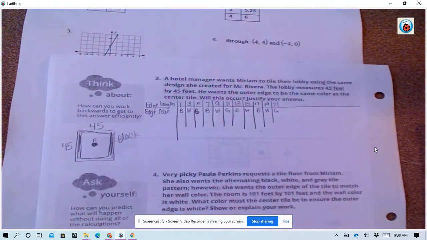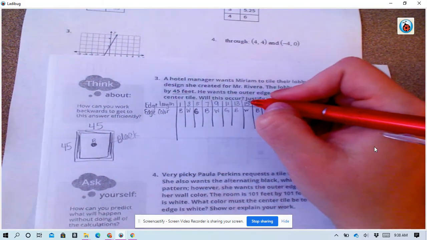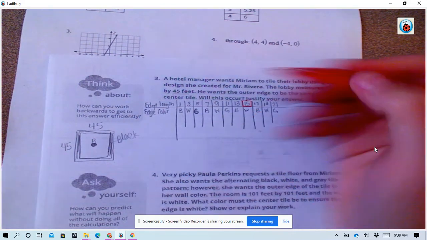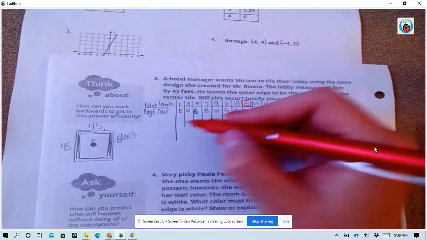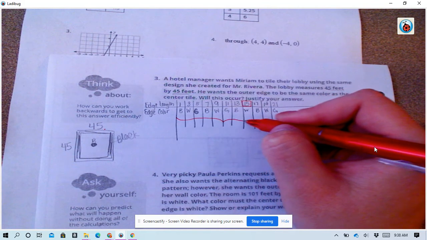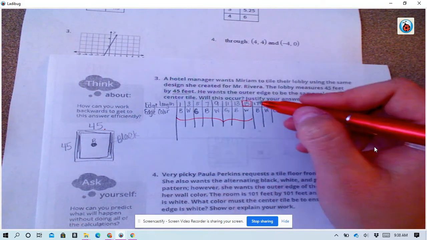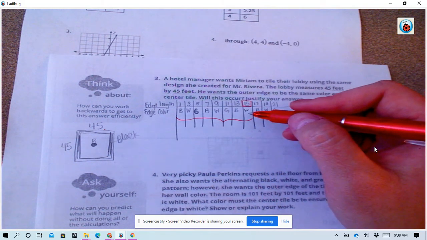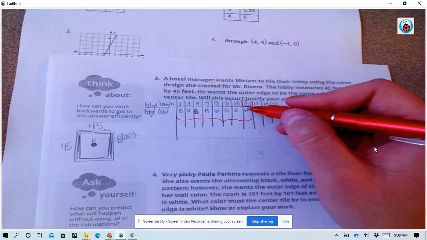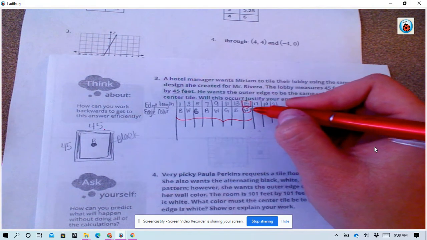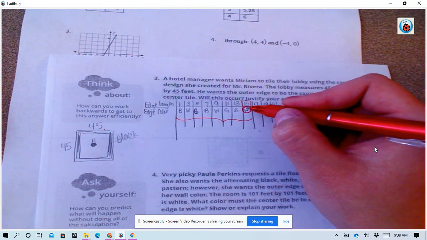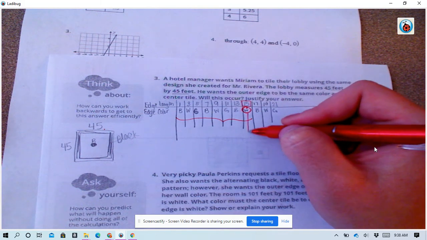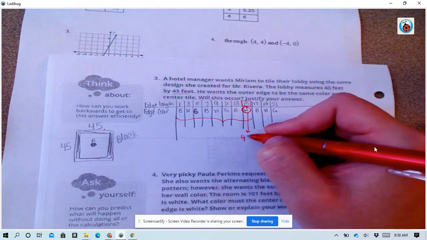Why did I stop at 15? I stopped at 15 because I know that 45 would be a pattern of 15 three times, because 15 times 3 is 45. So if on 15 the last tile is white, that would be the same thing for a 45 by 45.